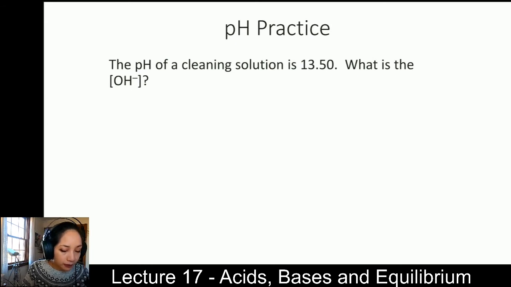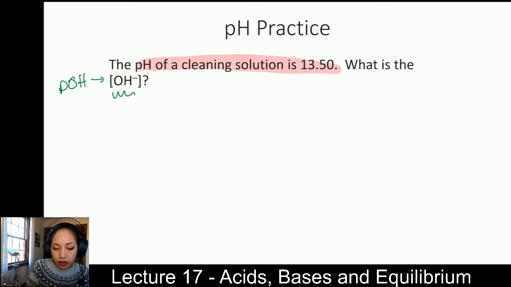How many more learning checks are we doing? 2 more. Okay, so we have a pH of a cleaning solution that is 13.5. What is the hydroxide concentration? This one's a little bit easier than the other one. We want OH concentration. If we can get pOH, then we can easily undo that logarithm to get OH concentration. Thankfully, they give us pH. It's 13.5.